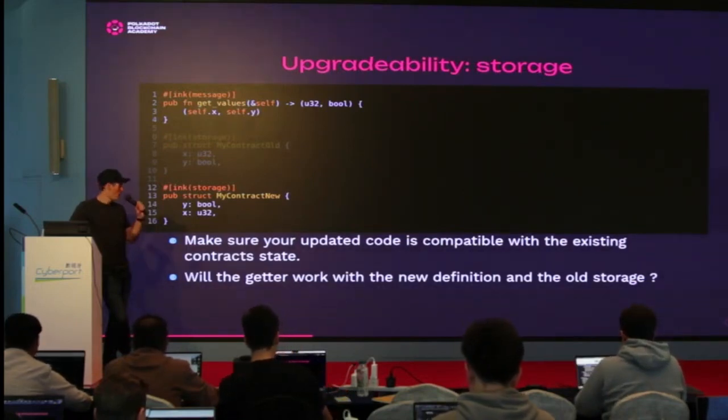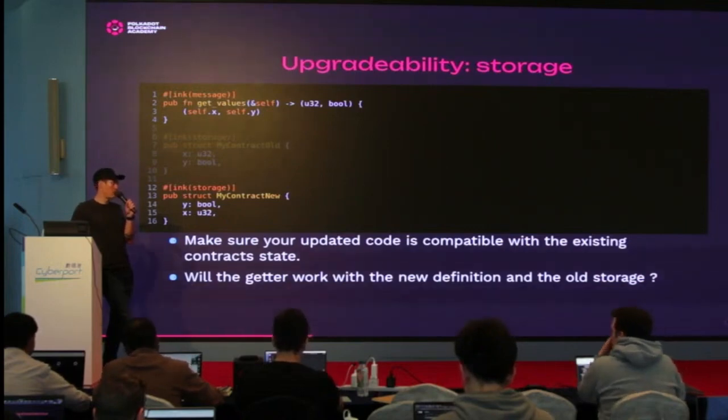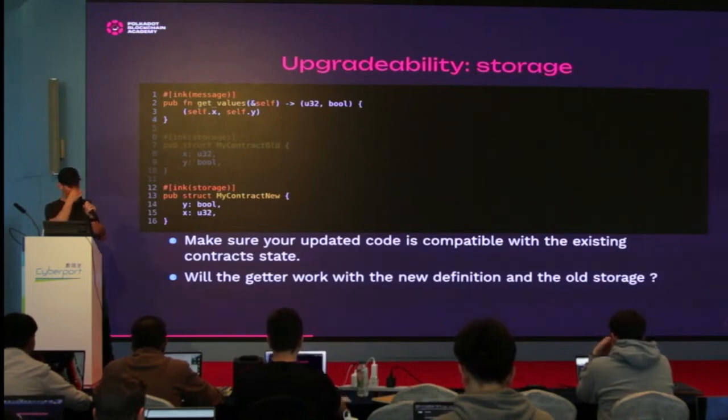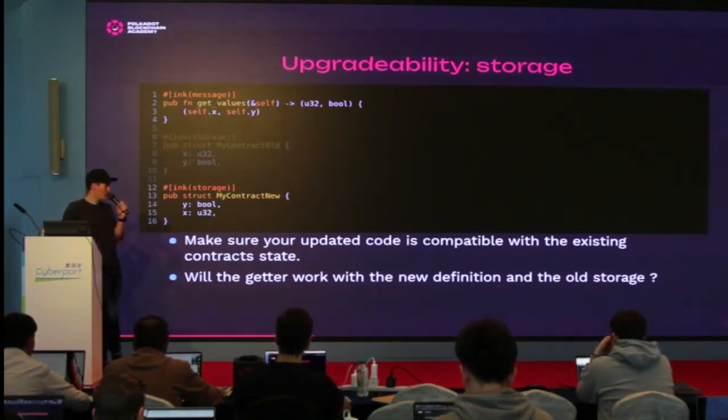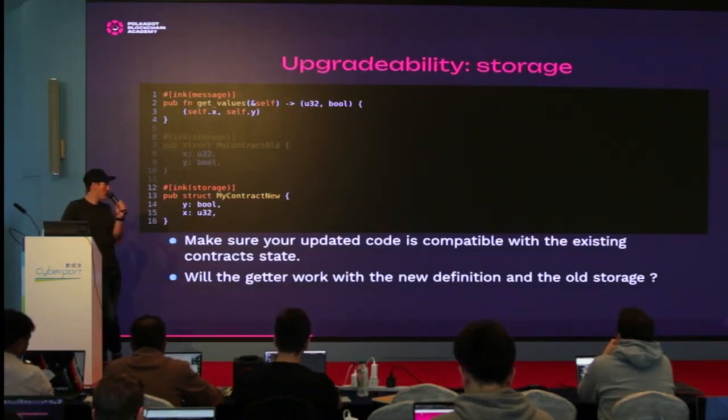A good example is if you had two unsigned integer values, for example U8 and U16. Some values would fit, and some you'd not be able to decode. That's what I said at the beginning: it might work for some time, it might initially look like it's working, and it would fail in some unexpected ways. Usually, you would just see contract trapped at the end because it would panic.